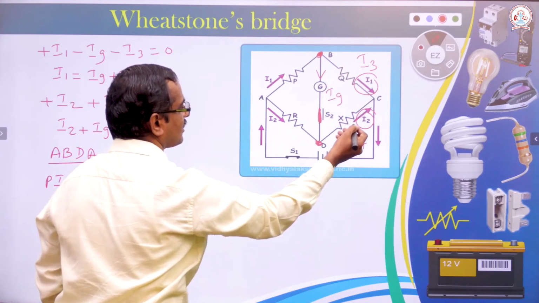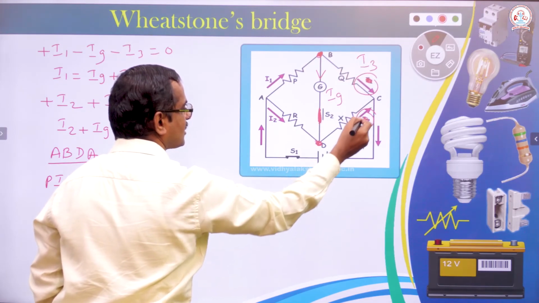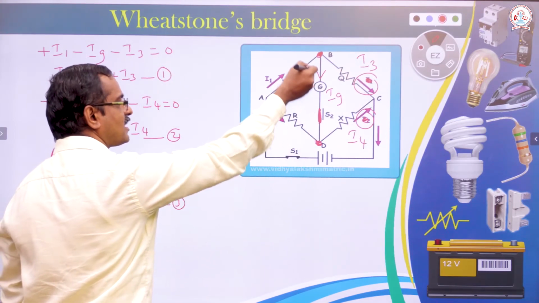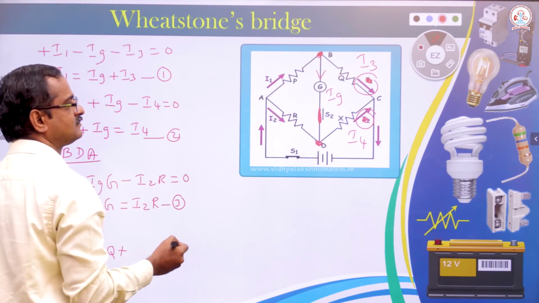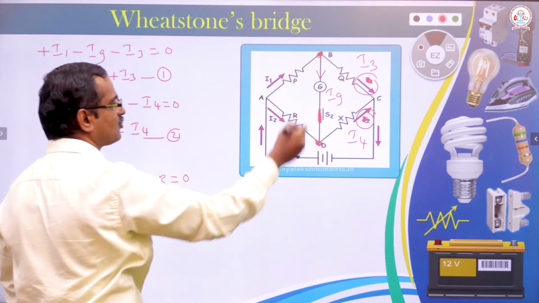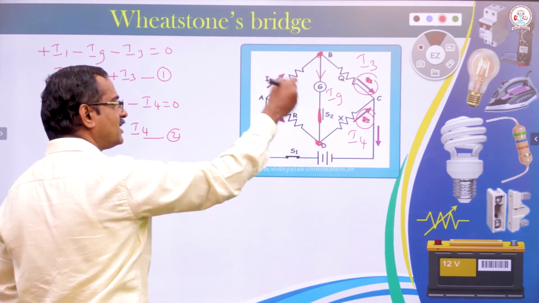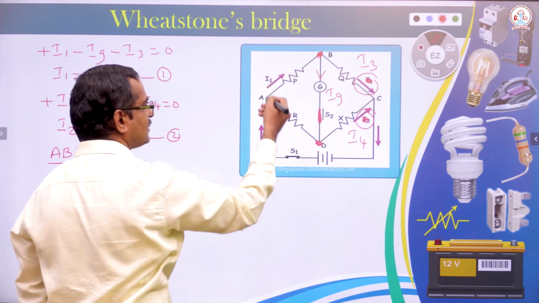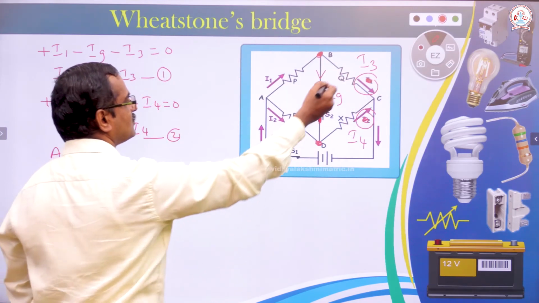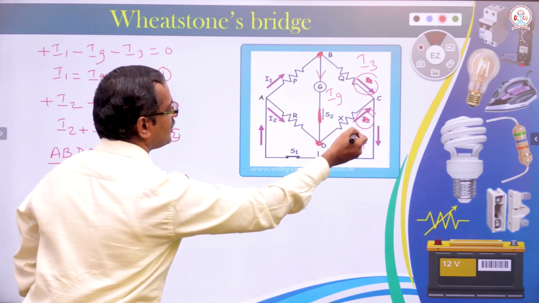Here the current is in anti-clockwise direction. Treat this as I3 and this as I4 when current is flowing through the galvanometer. When the key is open, no current flows through the galvanometer, and I1 and I2 flow directly.